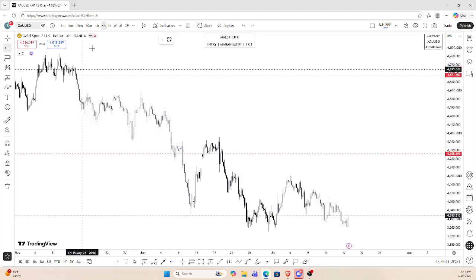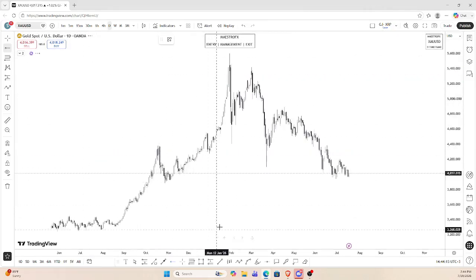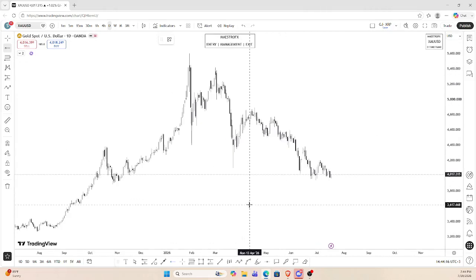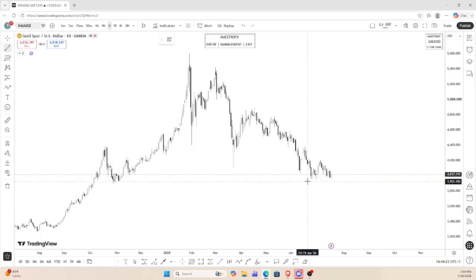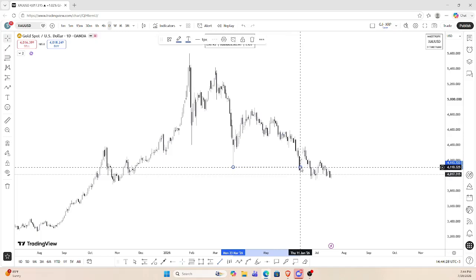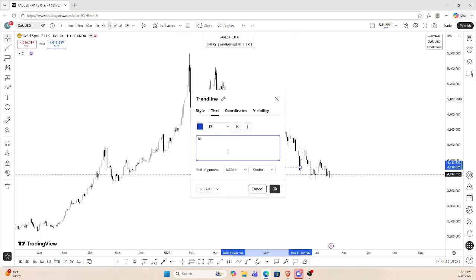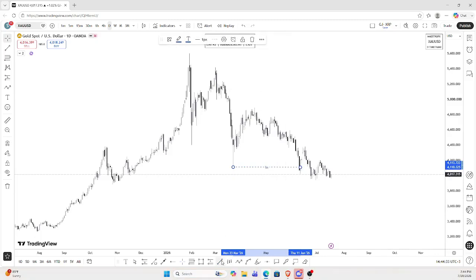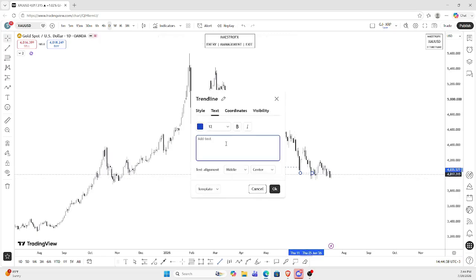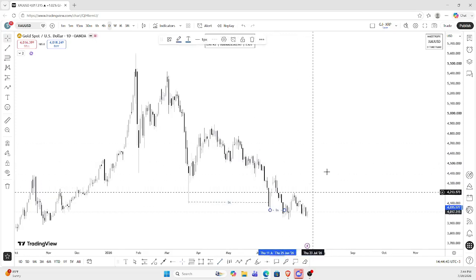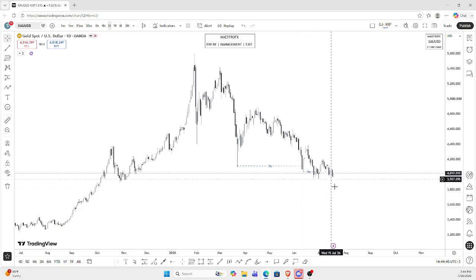Let's go on the daily time frame. Yes, on the daily time frame I can say that this is a clean break of structure followed by this clean break of structure, and so on the daily time frame clearly we are bearish.